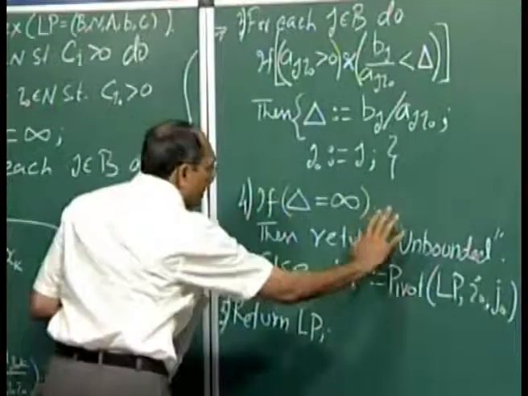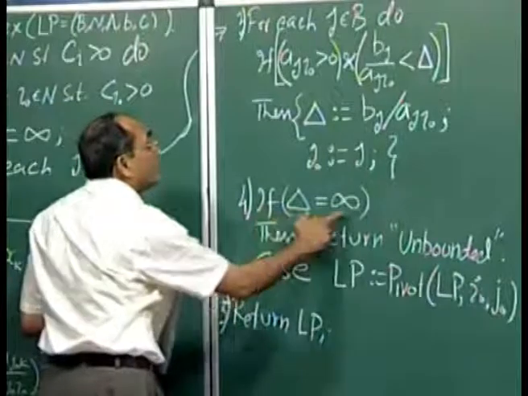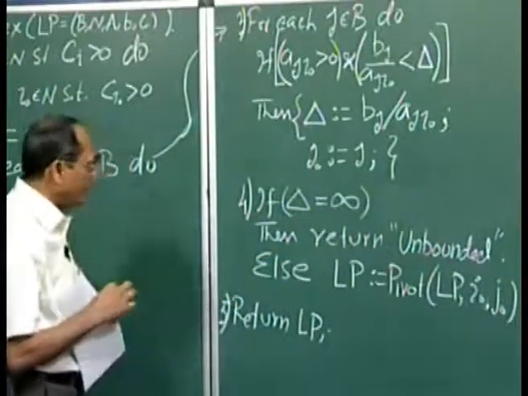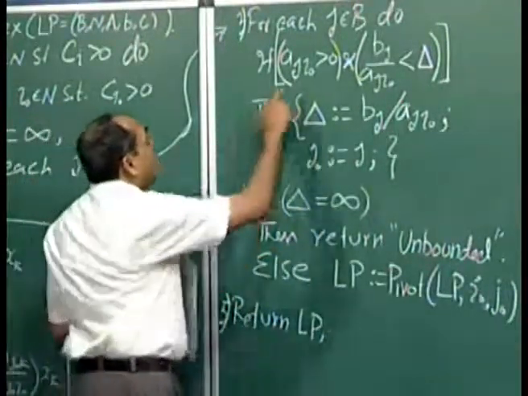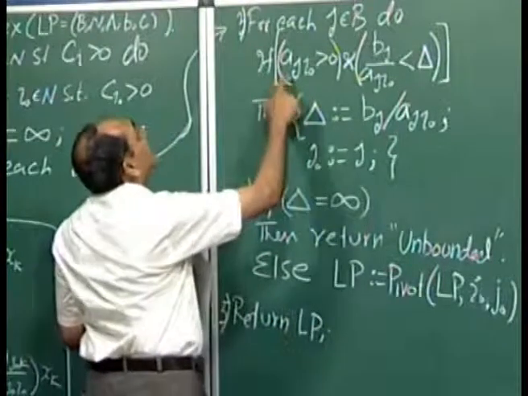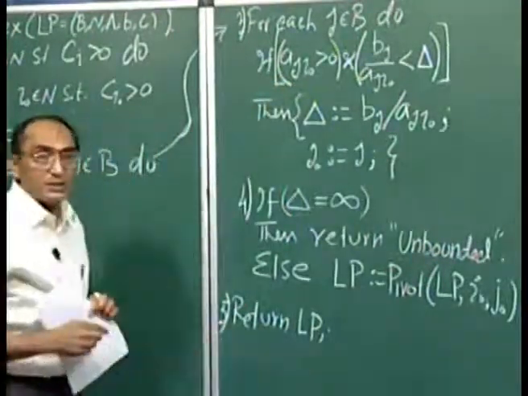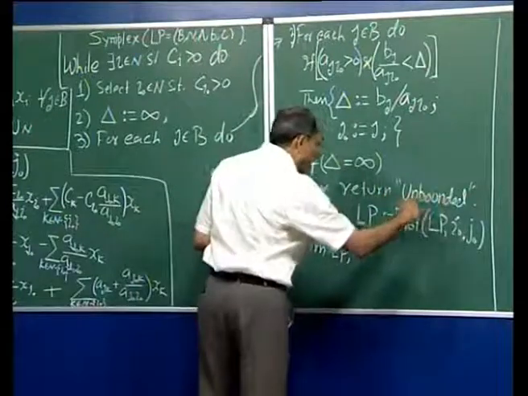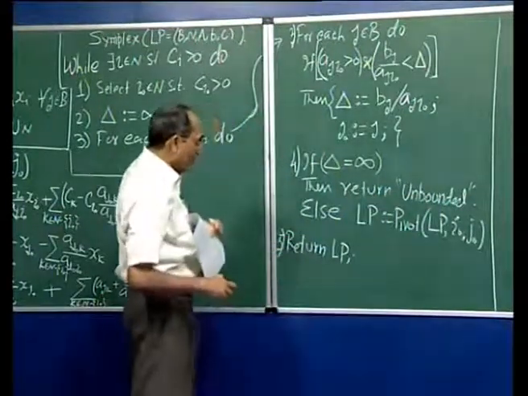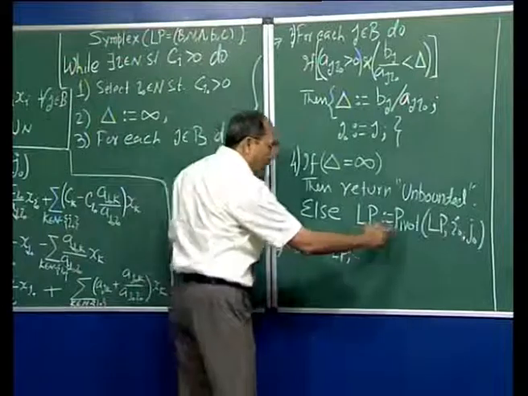Finally, all we are doing is checking whether delta is infinity. That is to say, we never found any j such that aj I0 is positive. In that case, we return unbounded, else we perform the pivot operation.